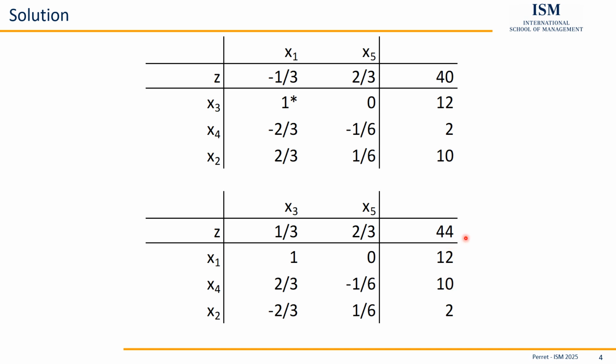In total, the objective function will take on a value of 44. So if I choose x1 12, x2 2, under the constraints I will have an optimum with an optimal objective function value of 44.